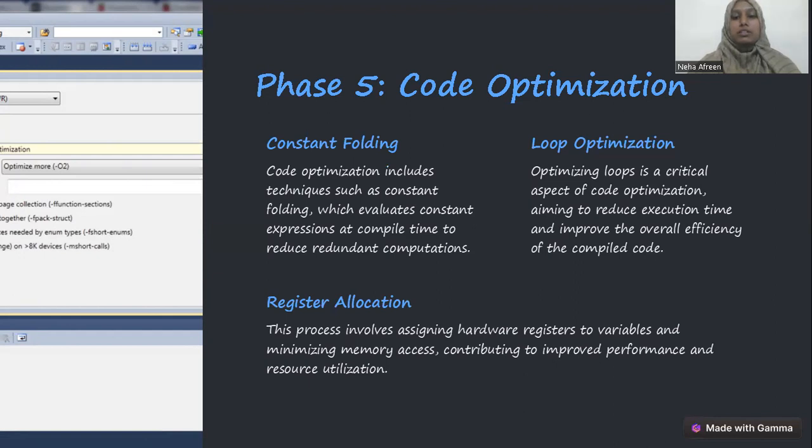Loop optimization. Optimizing loops is a critical aspect of code optimization, aiming to reduce execution time and improve the overall efficiency of the compiled code. Register allocation. The process involves assigning hardware registers to variables and minimizing memory access, contributing to improved performance and resource utilization.